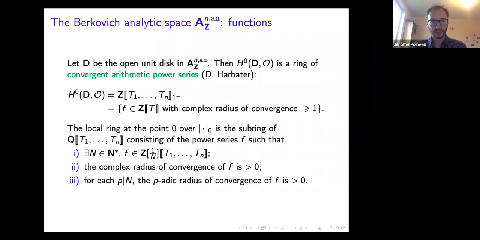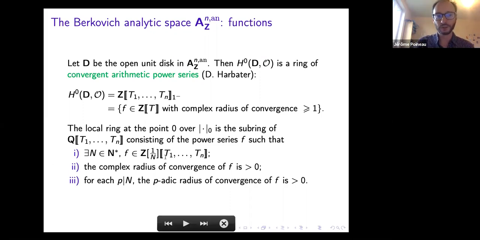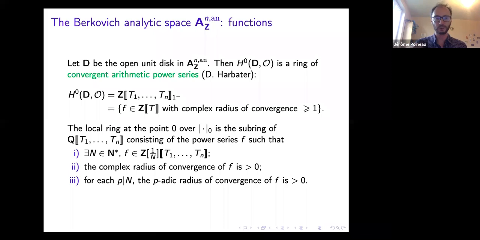And now here is an example of a typical local ring. So I told you here precisely a local ring at which point it is, but we don't care that much. So I want to say that this local ring is made of functions that are power series with coefficients in Q. So you have some kind of an arithmetic localization, which means that you don't consider power series with coefficients in Z, but with some localization in Z. And for each function, you only allow finitely many prime numbers in the denominators.